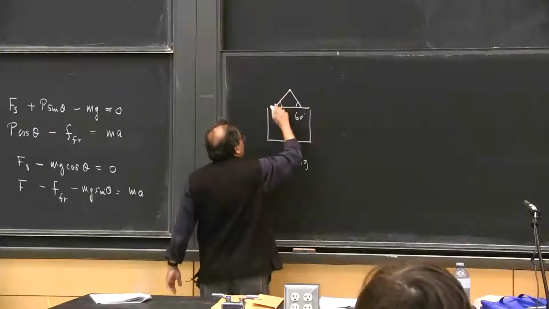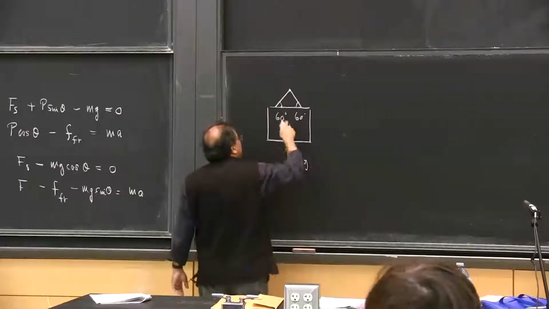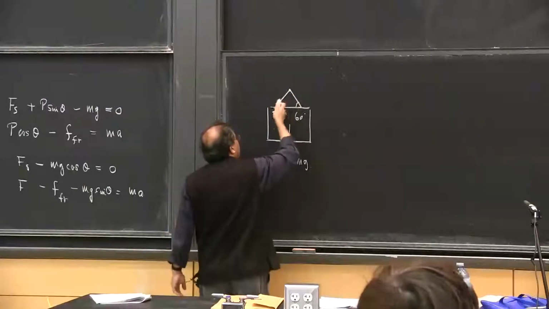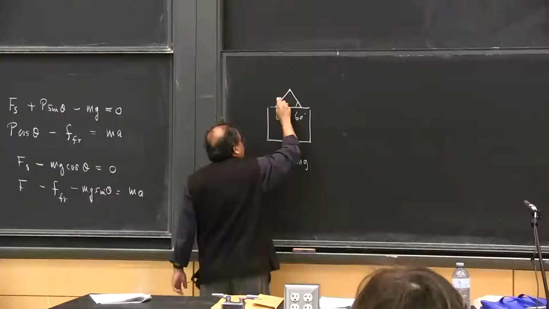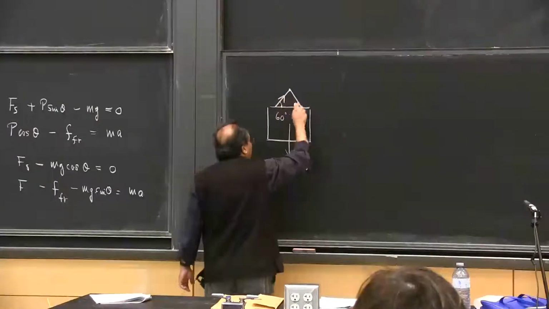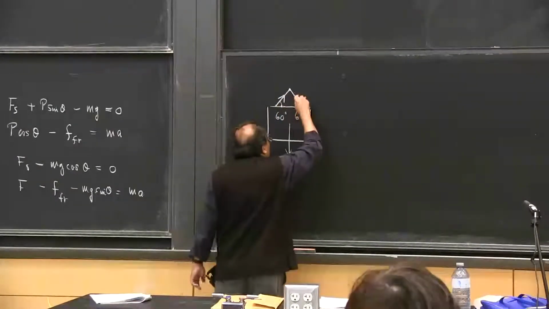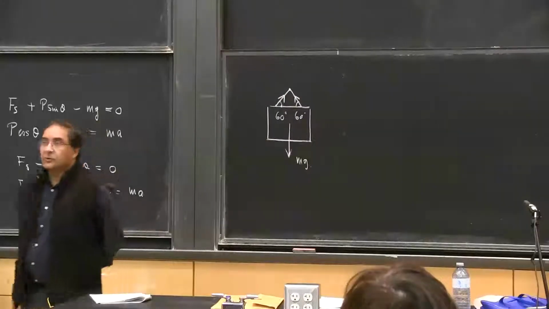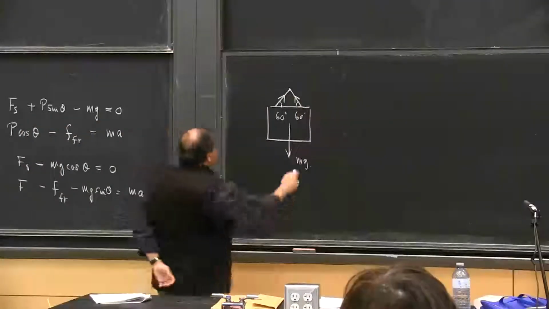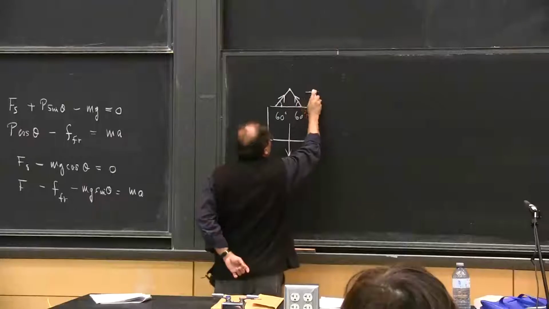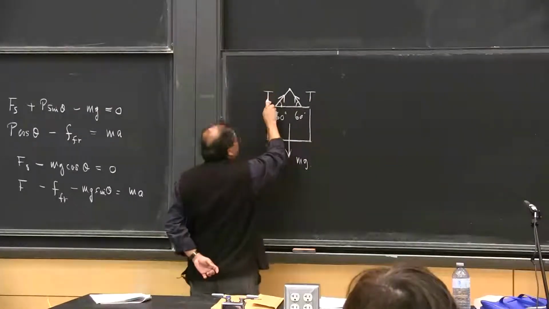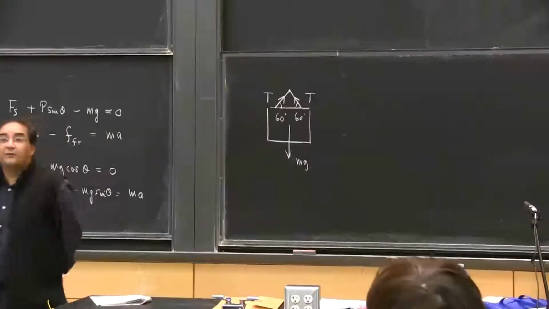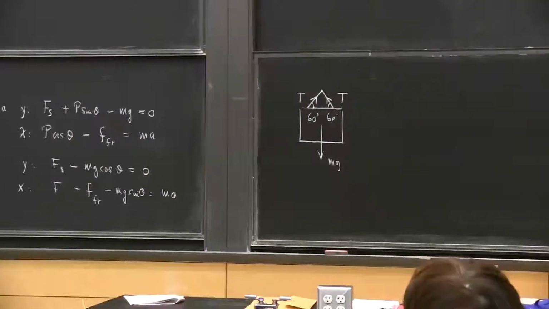This string will try to hold it up because otherwise it will fall, which means there will be an upward force acting along these two strings. When forces act along strings, and because everything is identical, we'll say both have tension T. Tension basically is the force being transmitted by the string.